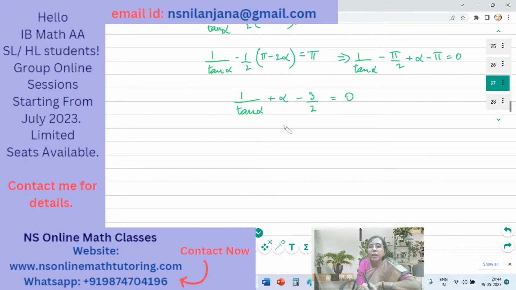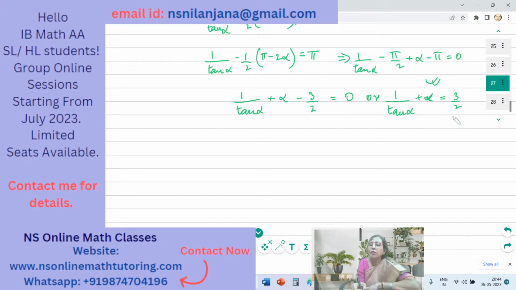Or else what you can do is, you can have the equation as 1 over tan alpha plus alpha is equal to 3 pi over 2. Over here, instead of adding minus pi to both the sides, if we add pi by 2 to both the sides, we get this.